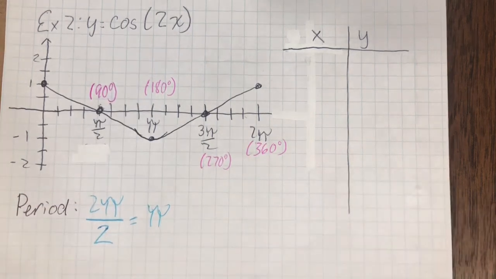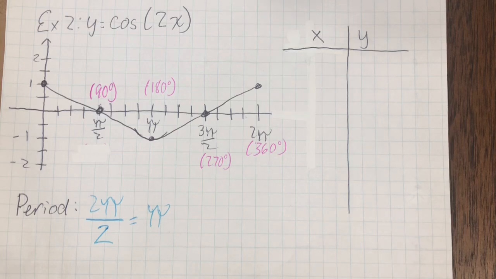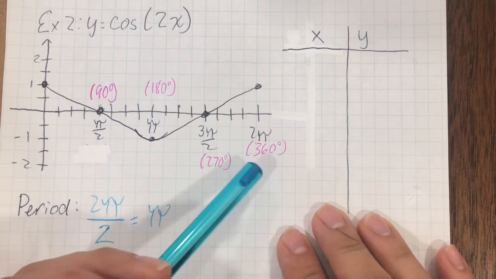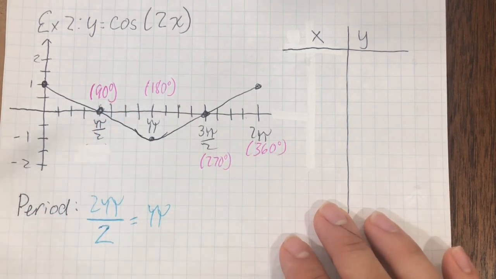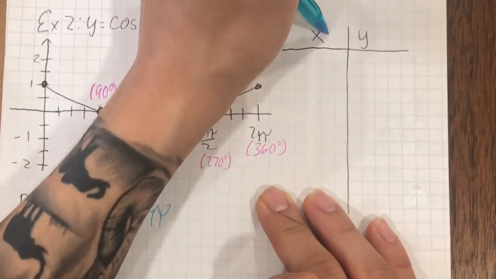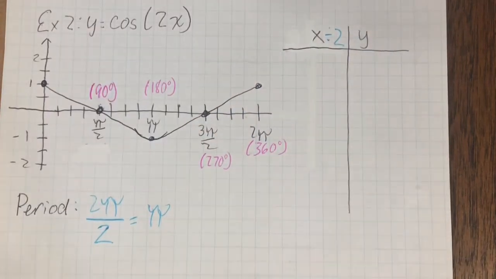All right? So that means that for each x value, the numbers are going to get smaller. All right? So to go from 360 to 180, we divide 360 by 2 to get 180. So that means that for the change of the period, we're going to divide each x value by 2. All right?